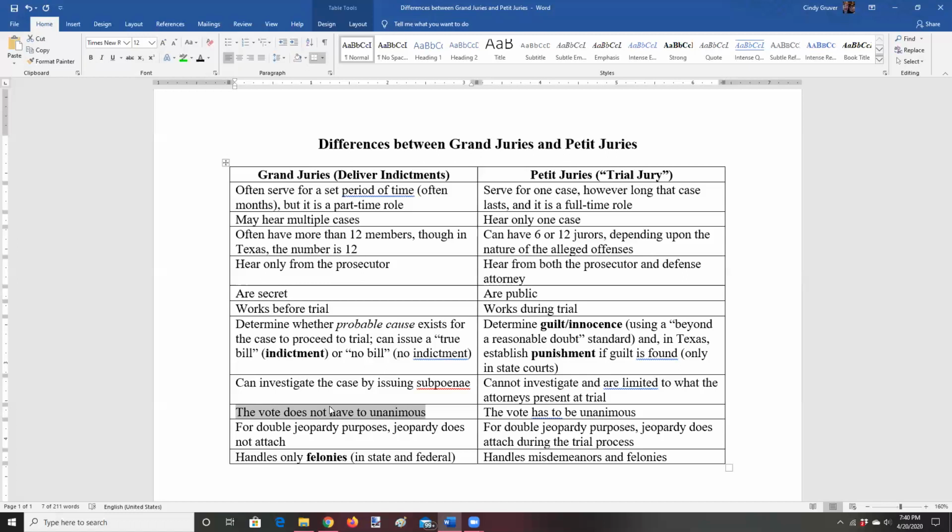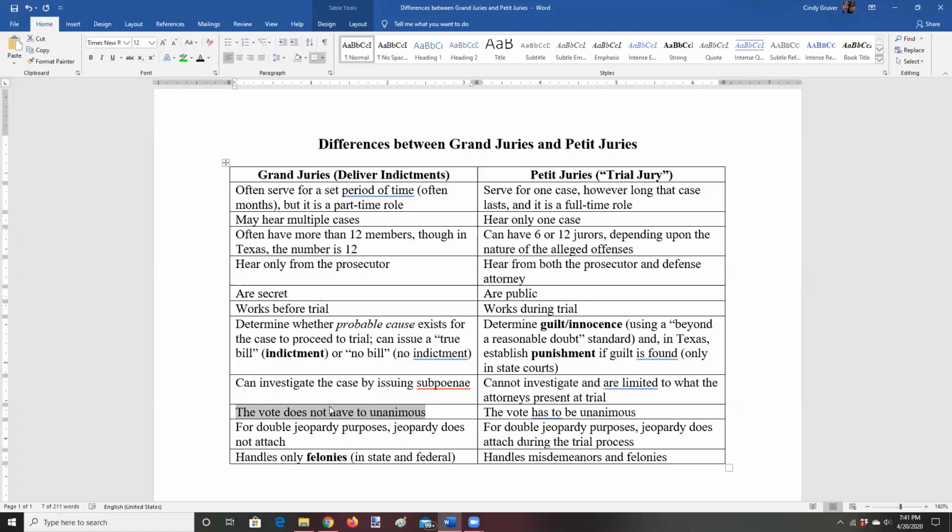And then we had the fact that grand juries apply only in felony cases. In Texas, we have grand juries for state matters and federal matters. All states have them for federal matters, but some states have decided to forego the indictment process. The reason is that the indictment process is such an easy hurdle to overcome that prosecutors are usually able to get an indictment pretty much whenever they want it.